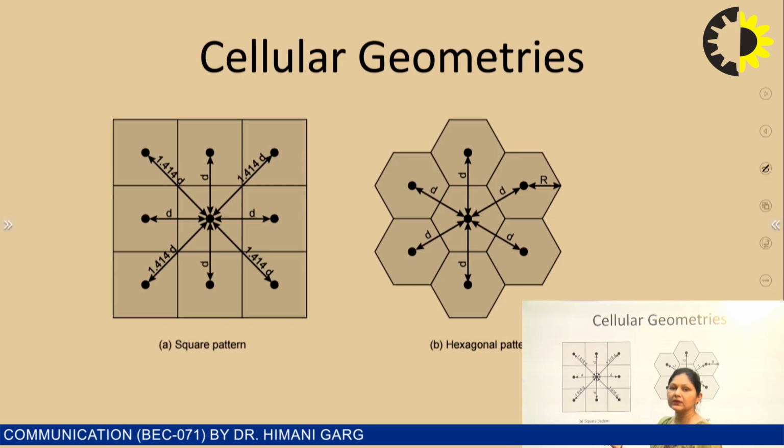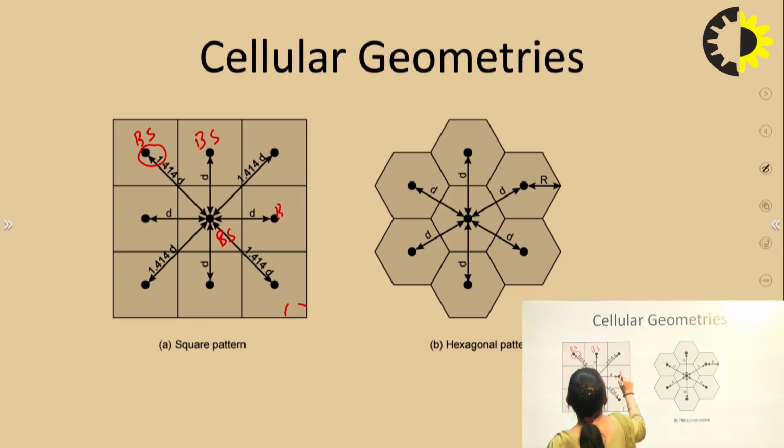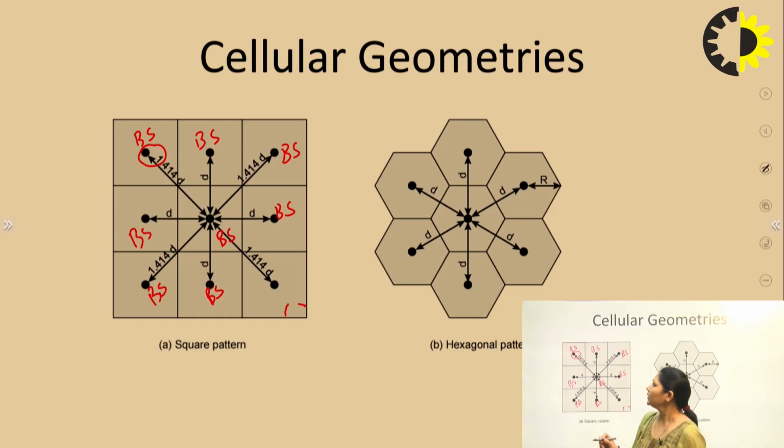If we are taking a square pattern and we are considering the base stations at these locations, these are all base stations. If we calculate the distance d between the centers of the base stations, you can see here it is d, here it is d, here it is d, and here it is d.